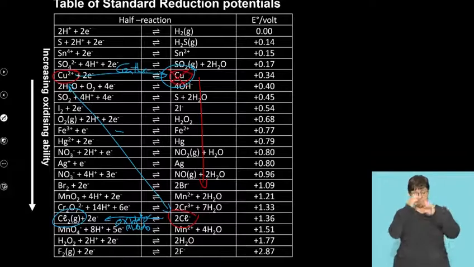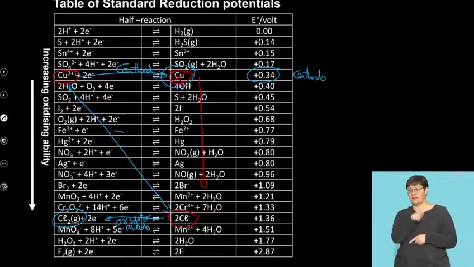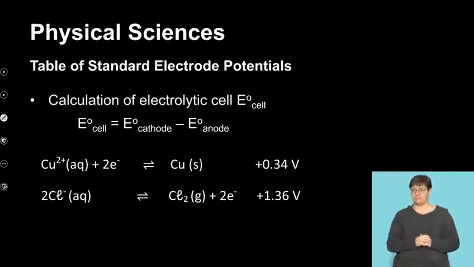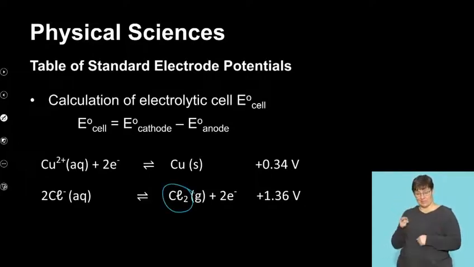So it joins my attention now to the equation where these numbers come into play. That's the cathode, and this one over here, plus 1.36, is at the anode. So I've written it down for us to have a look at. We've got the chlorine being produced over here.